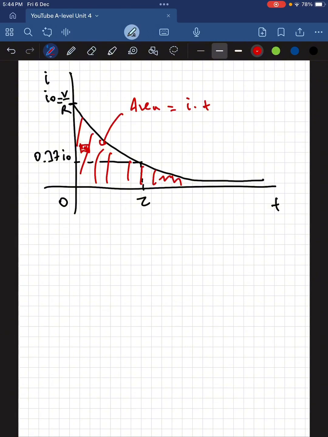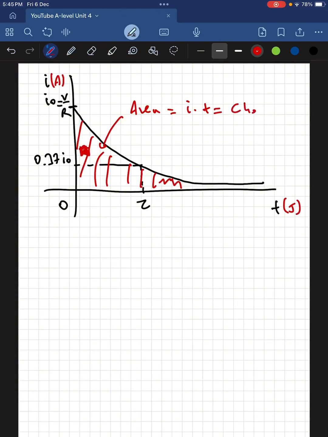If you're given the units, say this is in seconds, so 1 square represents 1 second, and this is in amperes and 1 square represents 1 ampere, then this little square will represent 1 ampere times second, which is 1 coulomb. So if we count squares under the curve, we will find the charge, the total charge in the capacitor. So we will find Q naught if we count all the squares pretty much.